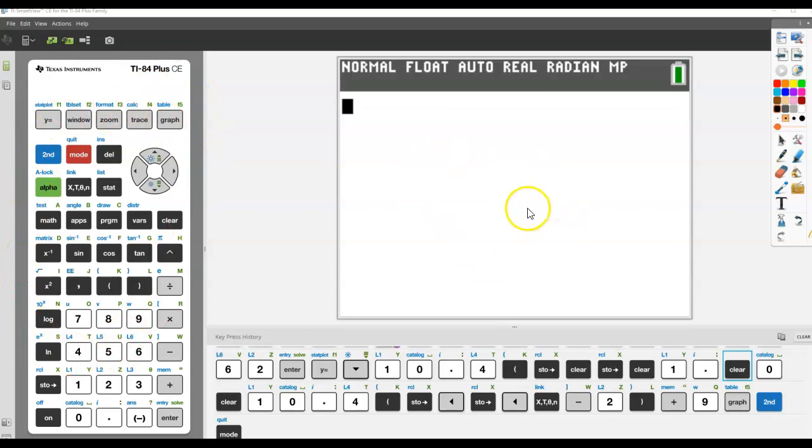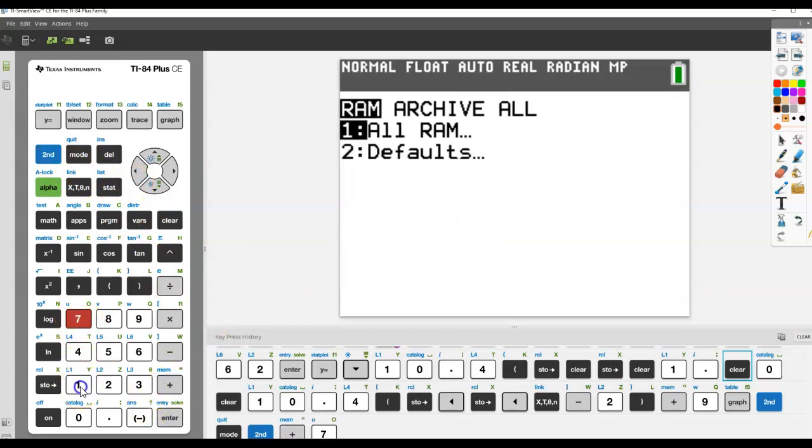Okay, so on your calculator, this is what your keypad will look like, and this is what your screen will look like. Now for me, I have a key press history down here, so if you want to see what buttons I've been pushing, you can watch me push them over here on the keypad, but it keeps a record of what I've typed here. If you ever want to clear your calculator, you're going to push the following combination: second plus 712.